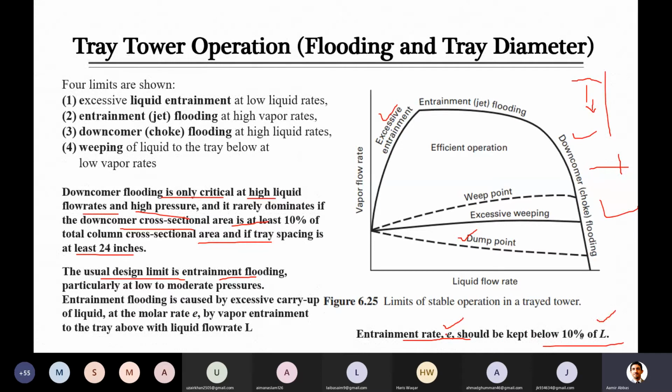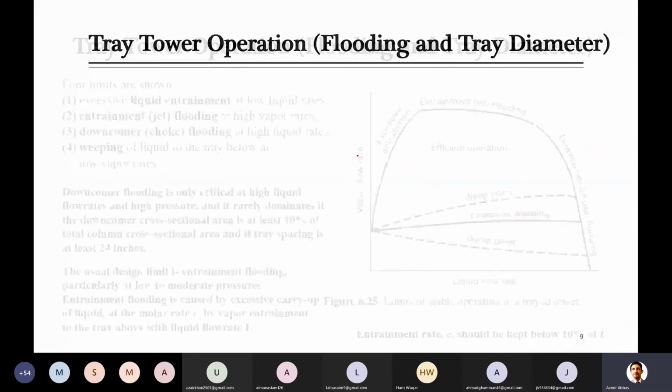So E, the entrainment rate, should be below 10% of the liquid flow rate. In that case, you will not reach the limit of entrainment flooding and downcomer flooding at the top of the column. So when designing, we have to keep in mind that the entrainment rate shouldn't exceed this. When it exceeds this, you can definitely reach any of these abnormalities inside the column.